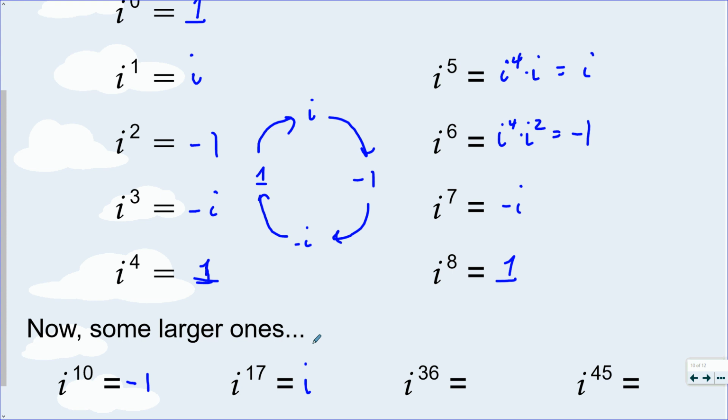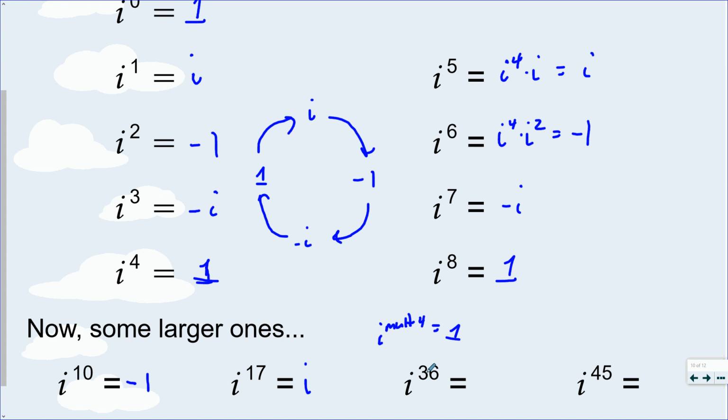Now, going from here, you may not want to start counting around the circle a bunch of times, right? So instead, what's helpful to know is what baseline value do you know? And an easy one to remember is that i to a multiple of 4 is equal to 1.